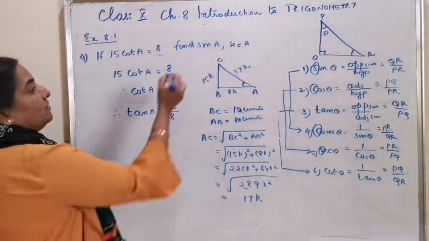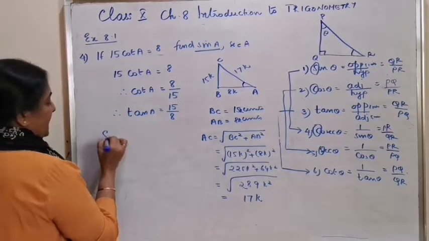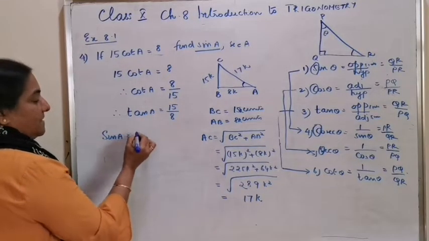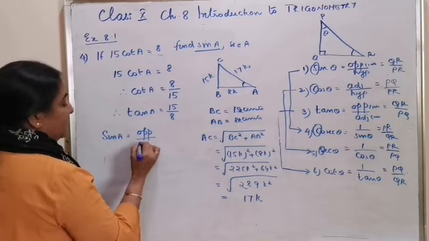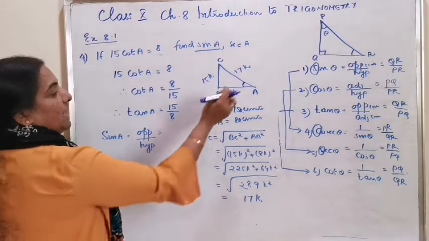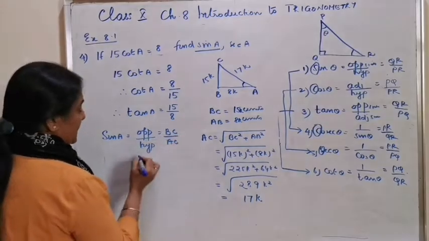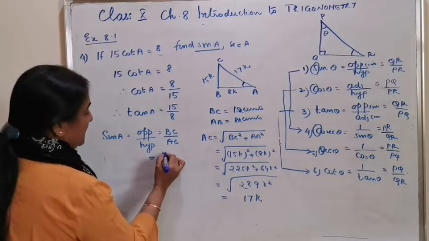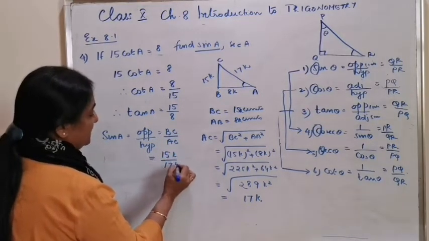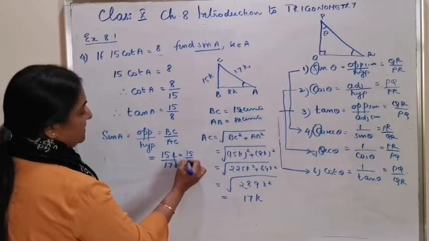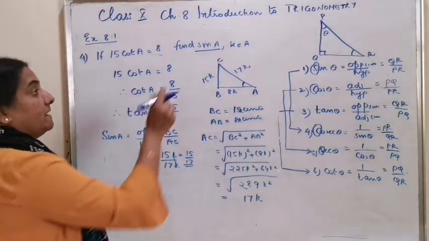And now you are supposed to find out what is sine A. It is the same as opposite by hypotenuse. For angle A, opposite side is BC, hypotenuse is AC, or the answer is 15k by 17k. It is 15 by 17.